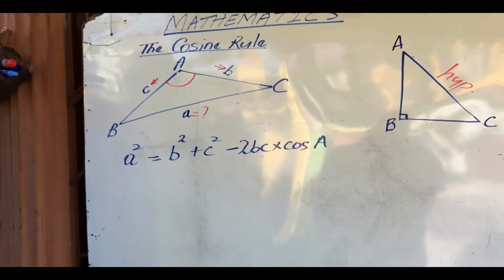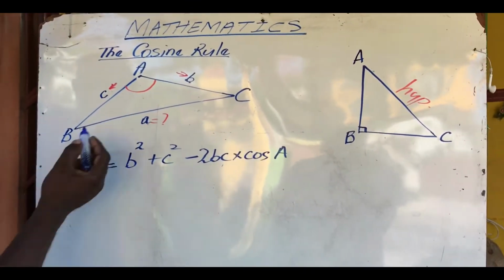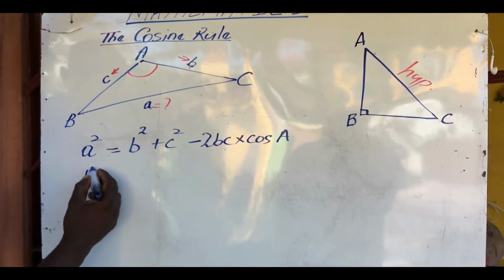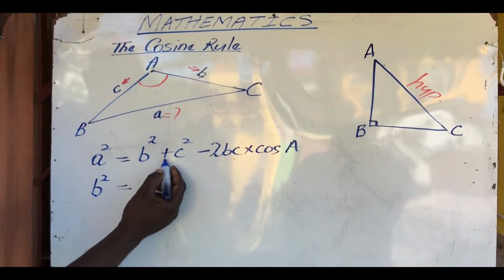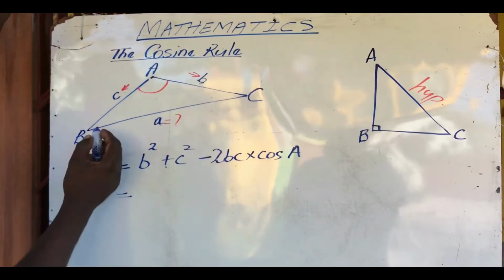By extension, if we want to find side B, it's the square on B, the square on the side that you want to find, which equals the sum of the squares of the other two sides. What are the other two sides?